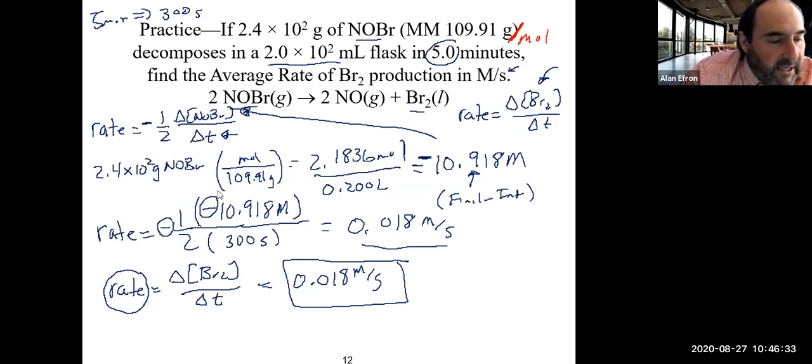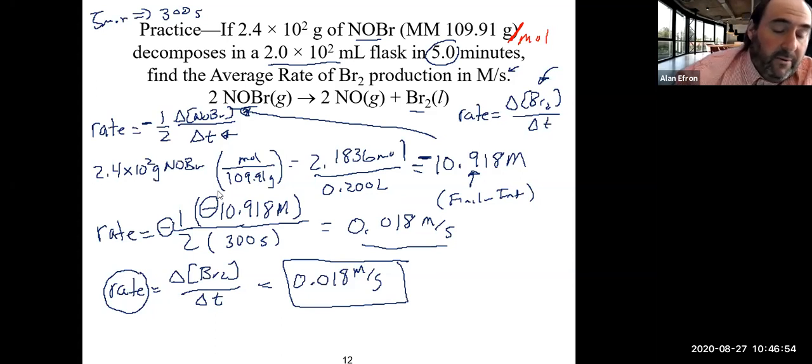And because we took care of all the negatives and positives correctly here, we end up with a positive value for how Br2 over time is changing, which also makes sense because it is a product. So we would expect this concentration to be increasing. So that's why we end up with that positive number.